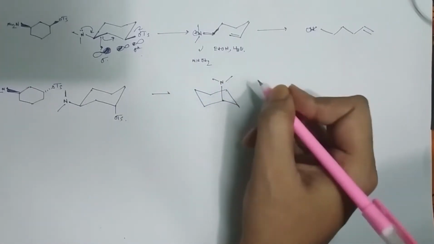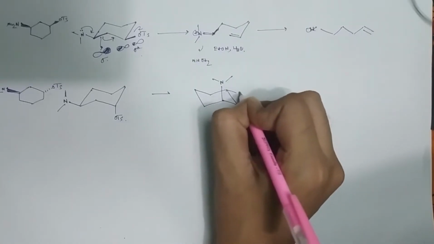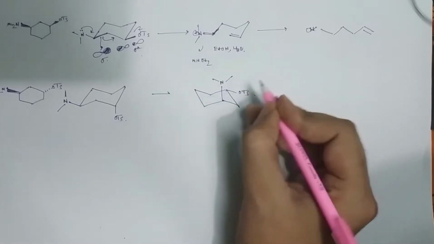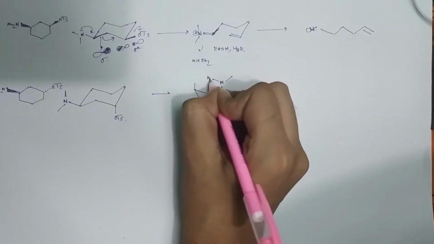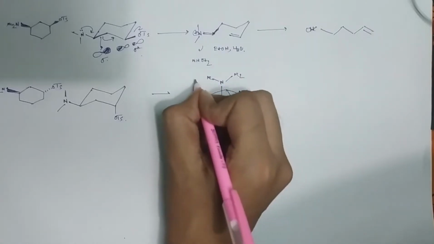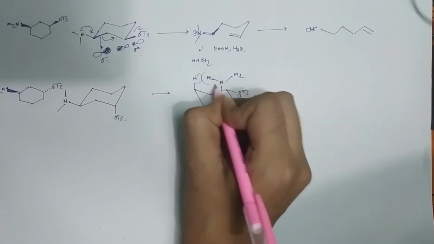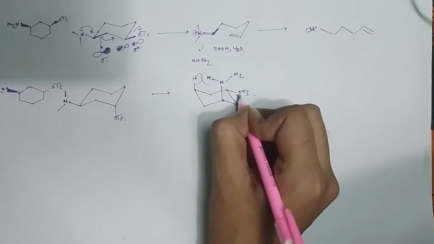This is the NMe2 group, and this will be here. As we can see, this Me group and the C3 hydrogens will have severe repulsion with these hydrogens, both the axial hydrogens.